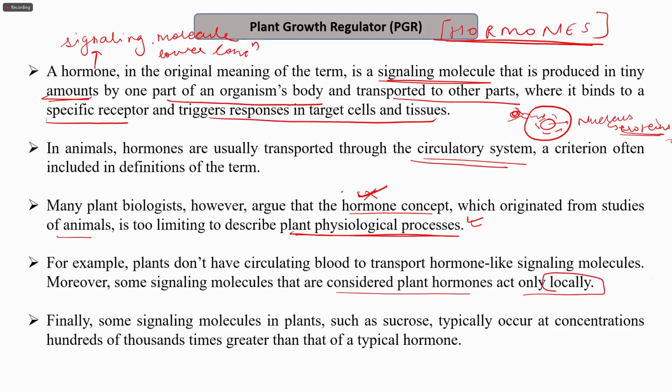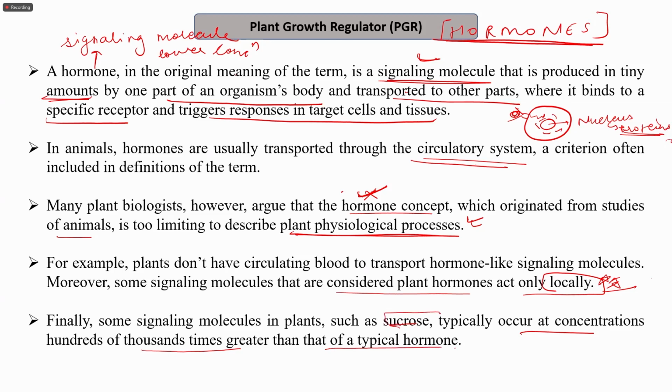In the definition, these are signaling molecules produced by one cell type and acting on cells in other parts of the body, usually carried by the circulatory system. But in plants, there are examples where hormones act only locally and are not carried anywhere. Finally, some signaling molecules in plants, such as sucrose, typically occur at concentrations hundreds of thousands of times greater than that of a typical hormone.